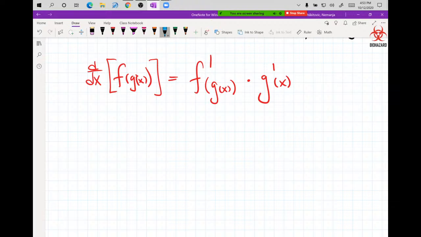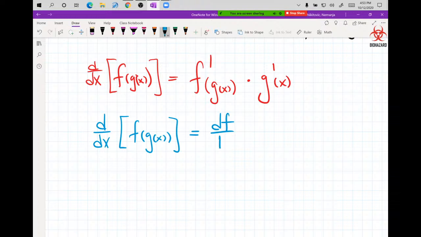So I'm going to give that one as well, and that's the derivative of f of g of x is df dg times dg dx.